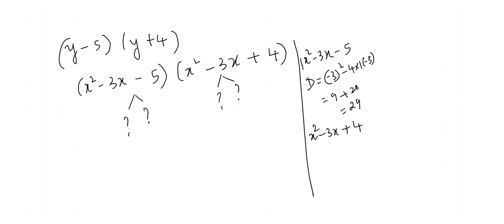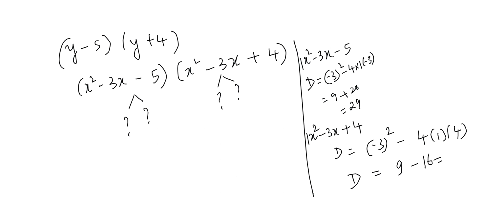Okay. So what is that? D is equal to b square minus 4 into 1 into 4, which will give me 9 minus 16, which will be minus 7, which is again not a perfect square.